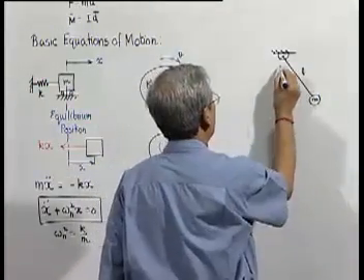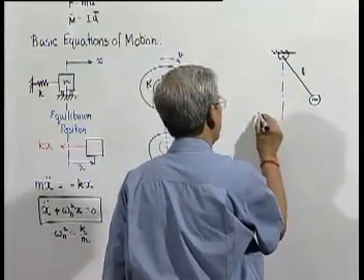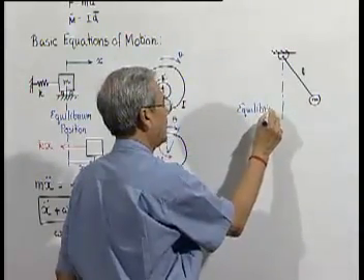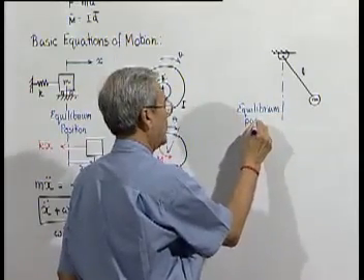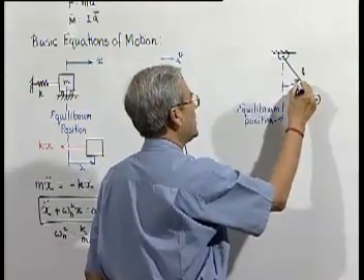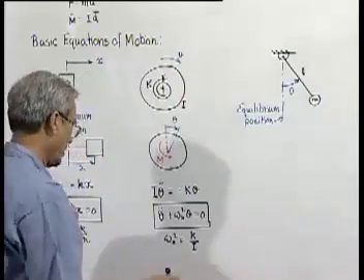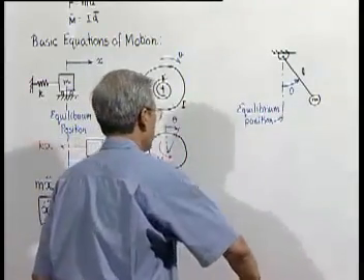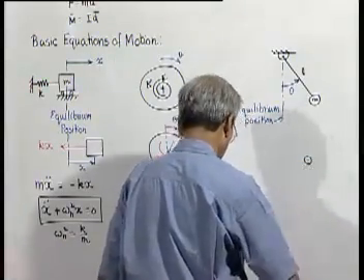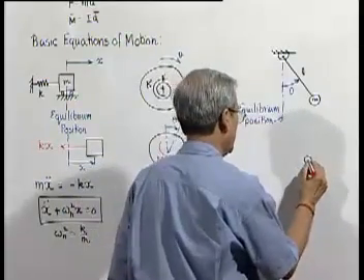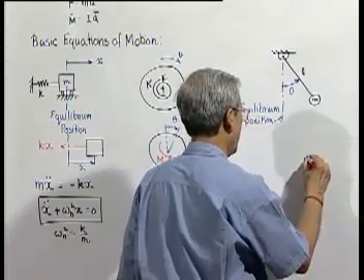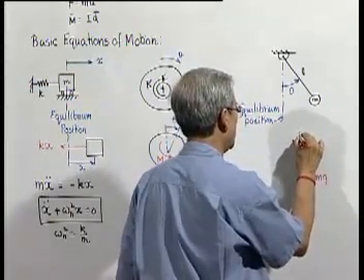So here the equilibrium position obviously is this. And we have displaced it, say, by an angle theta in this direction. So when you take this mass, the forces acting on this will be gravity and a tension in this direction.